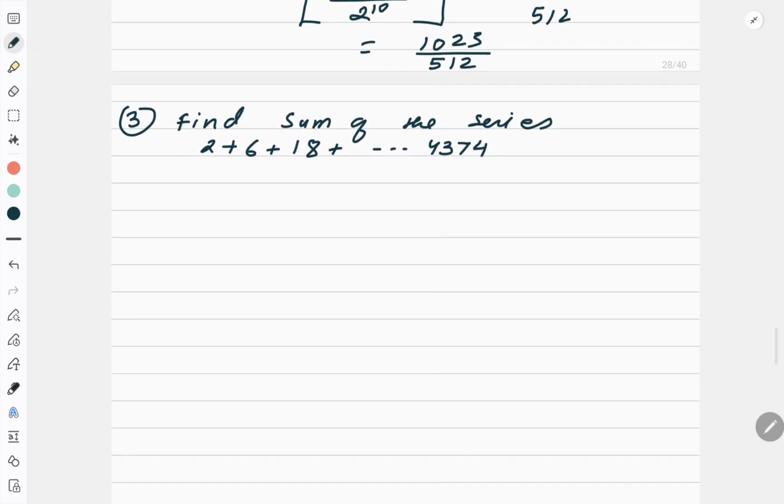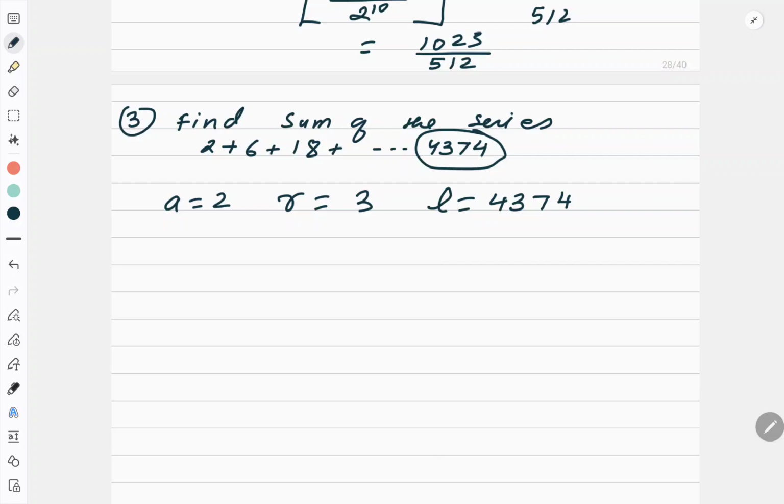Find the sum of the series. Now see, in this series, clearly A is equal to 2, R is equal to 3, and L is equal to 4374. There are two approaches. In case you forget the formula of the sum when the last term is given, this is your AN. So you can find out the value of AN by the simple formula of GP, nth term.